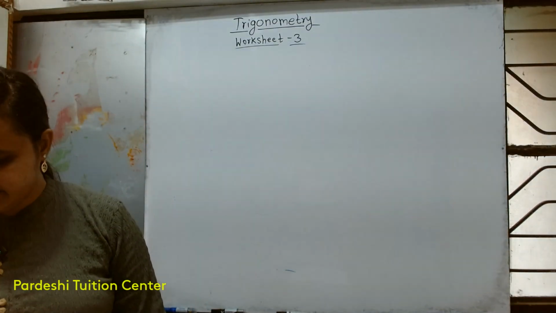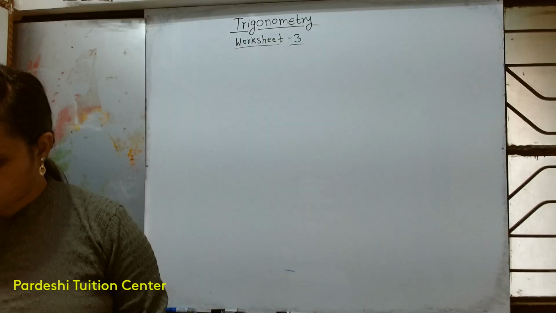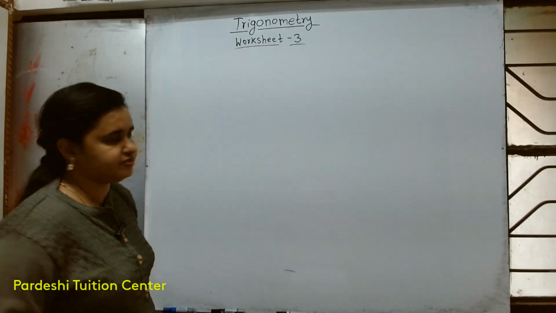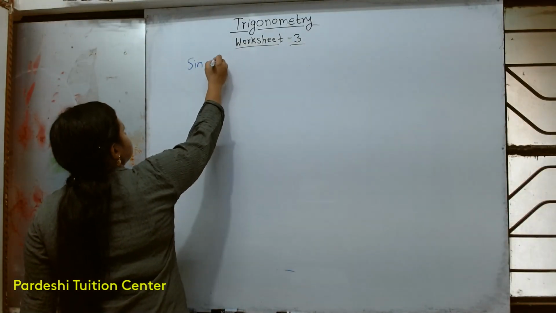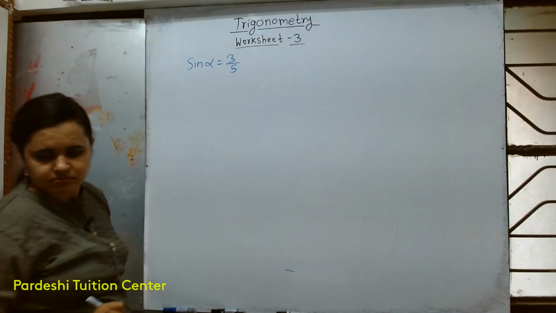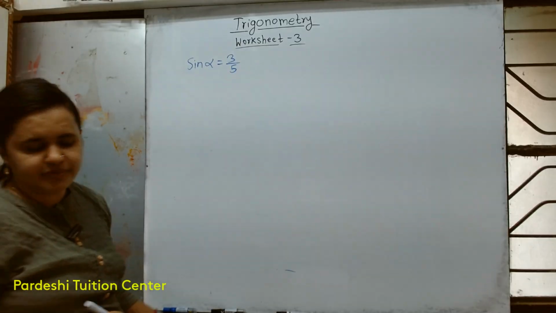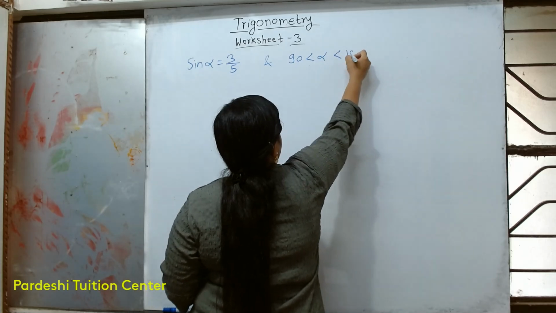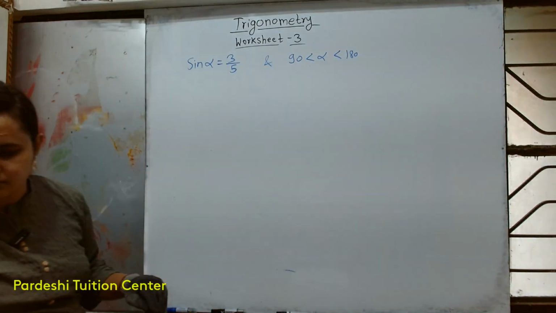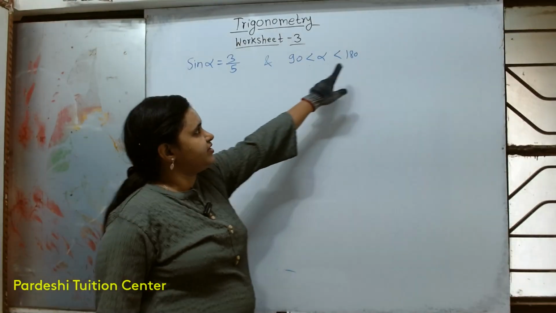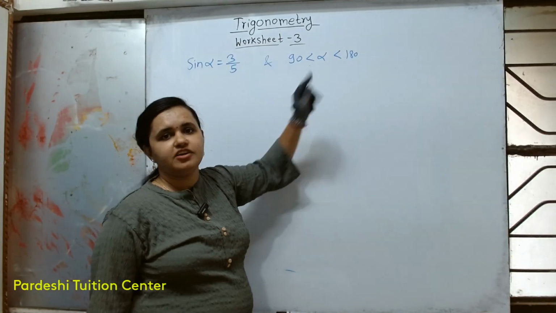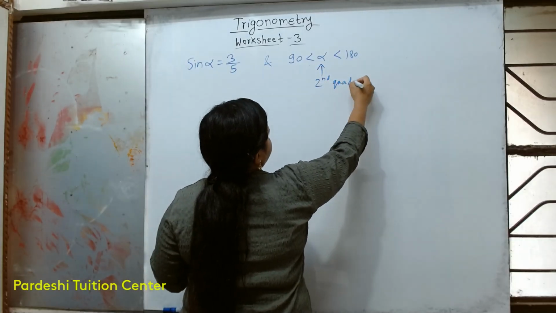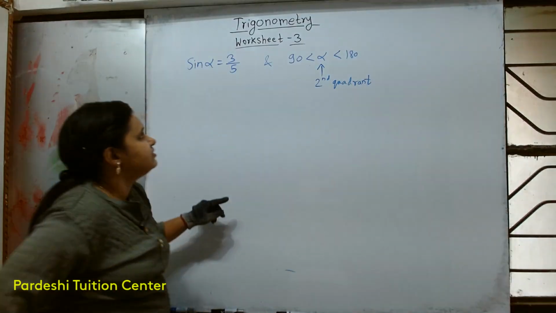Now question 23, matrix match type. Now sin alpha is given as 3 by 5, and alpha is in between 90 and 180, which means it is in the second quadrant.